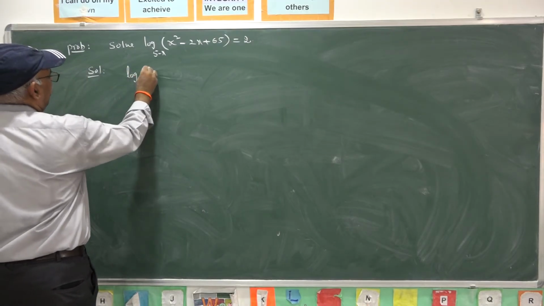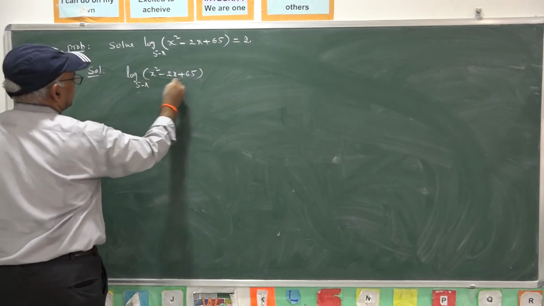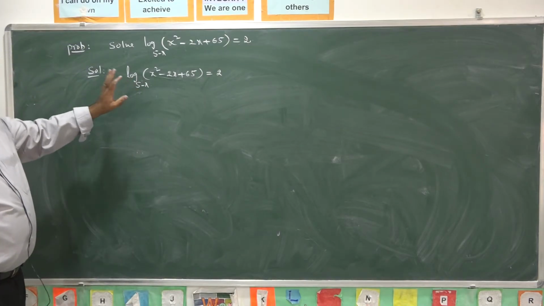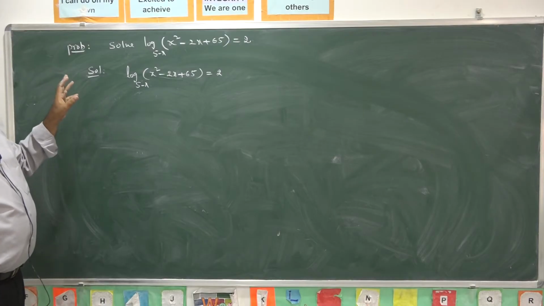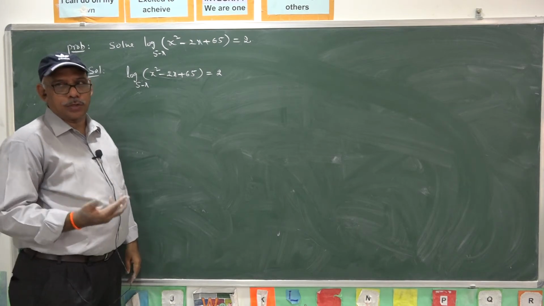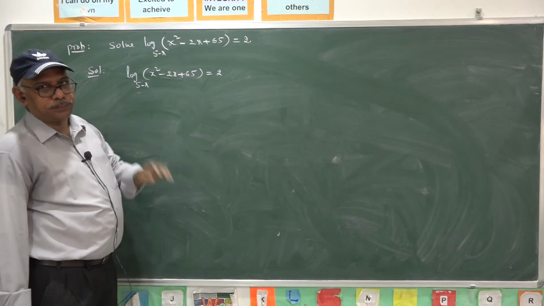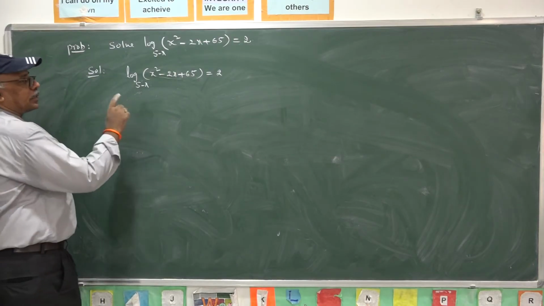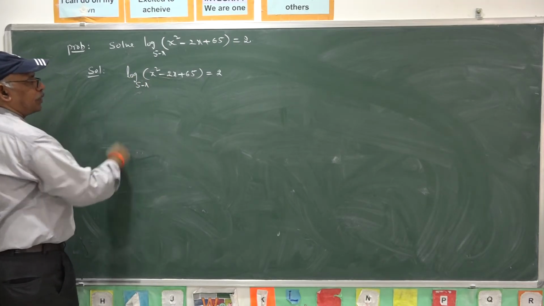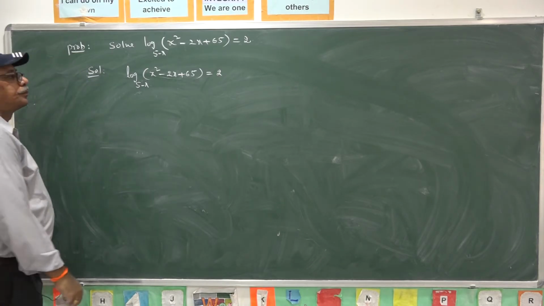So, given log of x square minus 2x plus 65 to the base 5 minus x equal to 2. The base cannot be negative. That should be observed here. 5 minus x must be greater than 0 and not equal to 1. And moreover, x square minus 2x plus 65 must also be positive. Logarithm is applicable only to positive reals, and the base of the logarithm must be positive and not equal to 1.